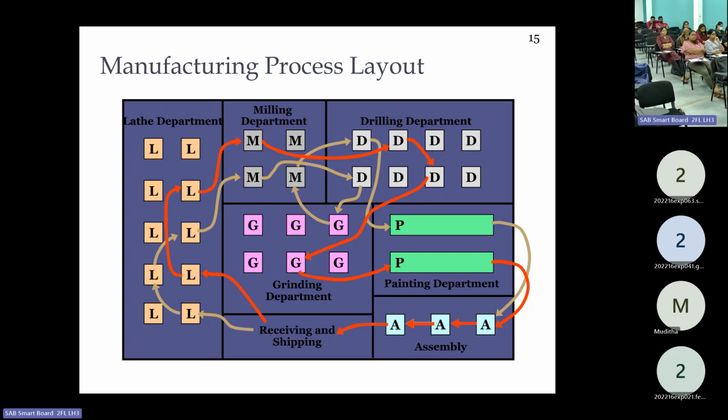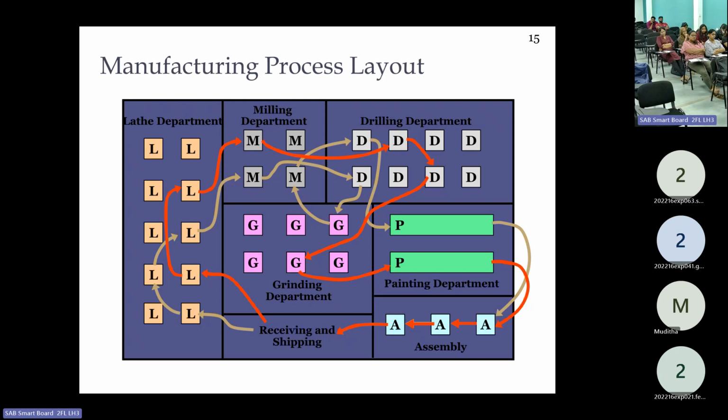So, a variety of products can be produced using this type of layout. That is the main one, which we call flexibility. By arranging layouts in a functional layout manner, we can have flexibility, a variety of products.